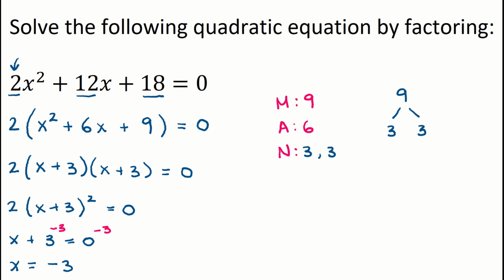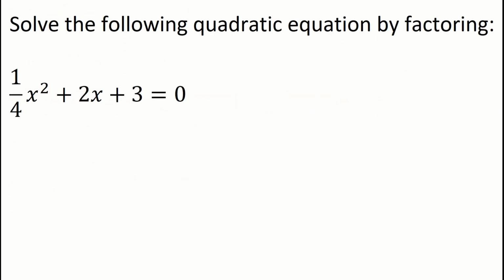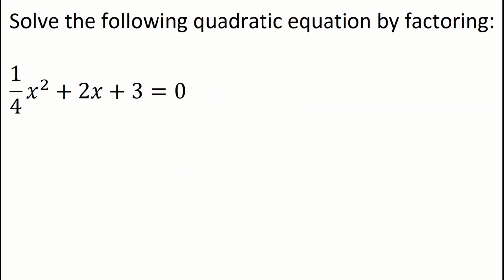Let's do one more, and this one involves a fraction in the beginning. So when we have a fraction, same thing, we're going to factor it out. We're going to turn this into 1/4. And remember, when you are factoring out a number, you're dividing by that number. So we're going to try to do 2 divided by 1/4.